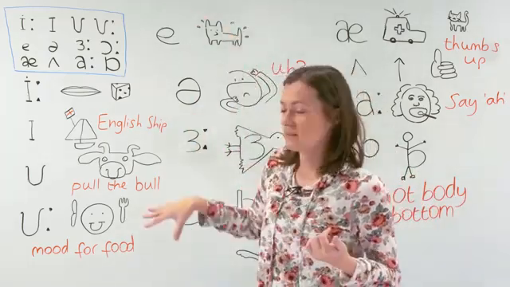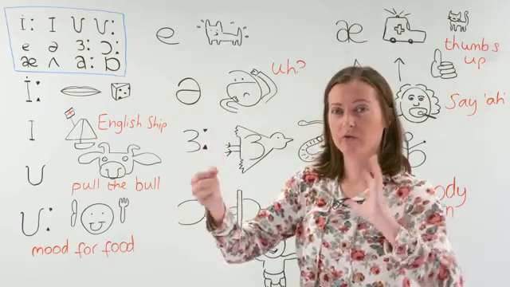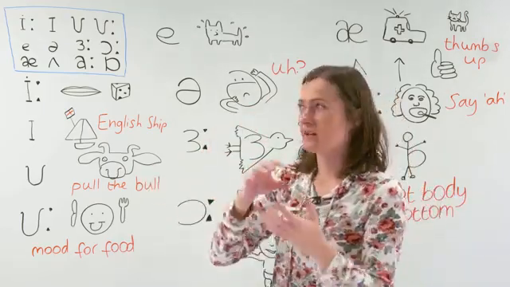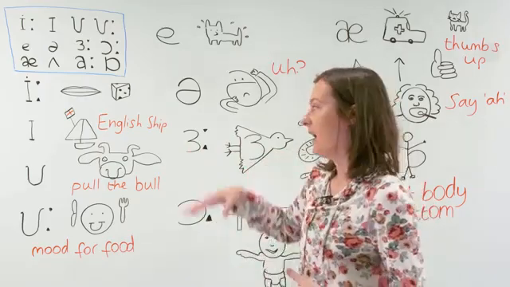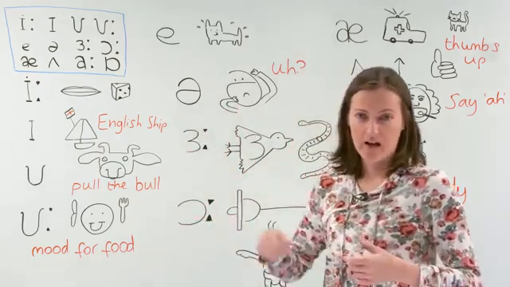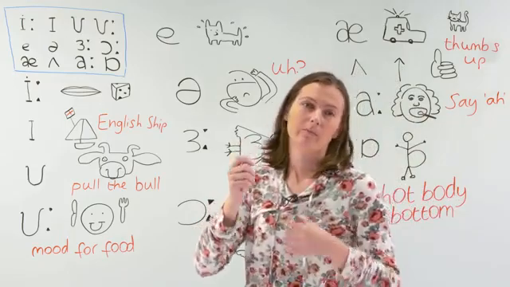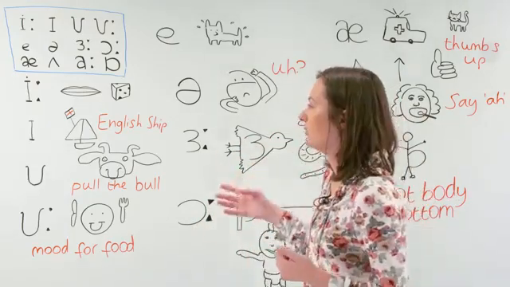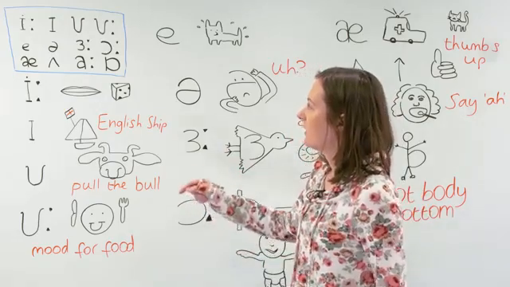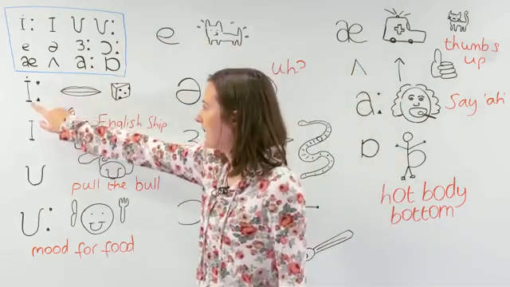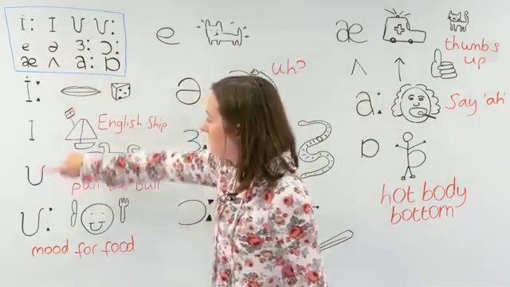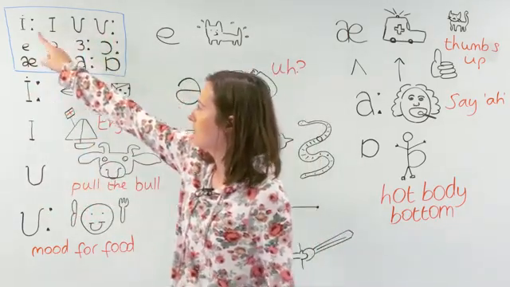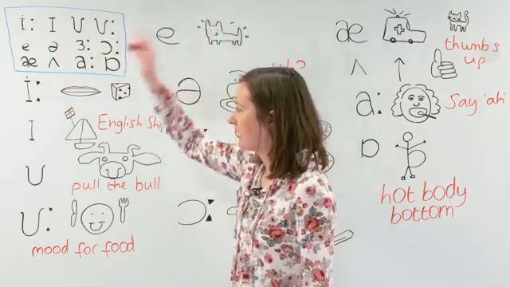The reason I've made this lesson is to make it easier for people to remember that association. That's why I've got some pictures, and sometimes some words that can help you remember the sound and the symbol. So we'll start here, and in this first column we go across the vowel chart.